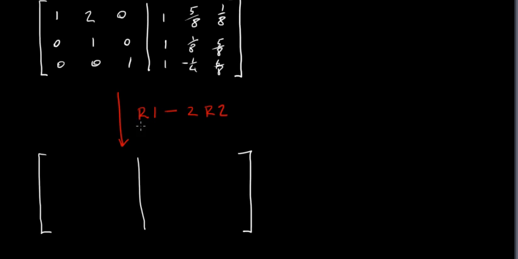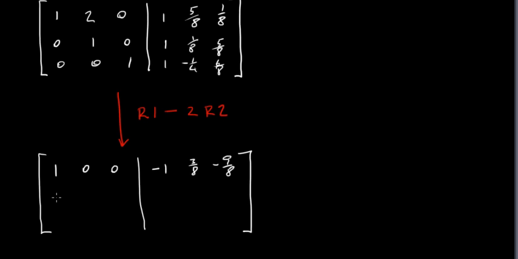So 1 minus twice 0 is 1. 2 minus twice 1 is 0. 0 here as well. 1 minus twice 1 gives me minus 1. 5/8 minus 2/8 gives me 3/8. And 1/8 here minus twice 5/8, so twice 5/8 is 10/8, so 1/8 minus 10/8 is minus 9/8.